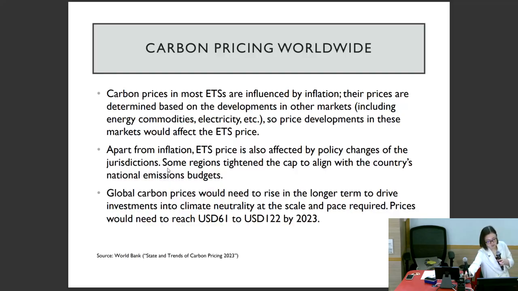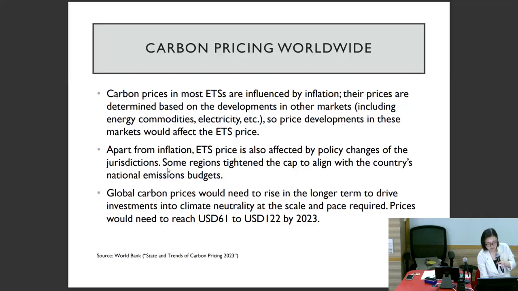Apart from inflation, ETS price is also affected by policy changes of the jurisdiction. So some regions may tighten the cap to align with the country's national emissions budget. Okay, so if one country has a higher target for carbon emission reductions, then they will reduce the cap, and then the carbon price will be higher.